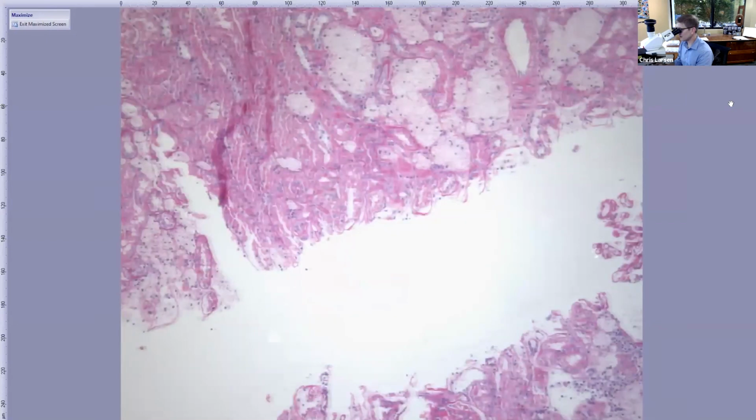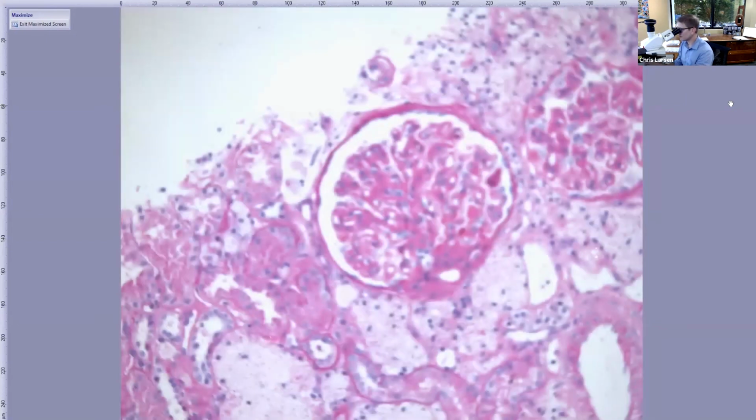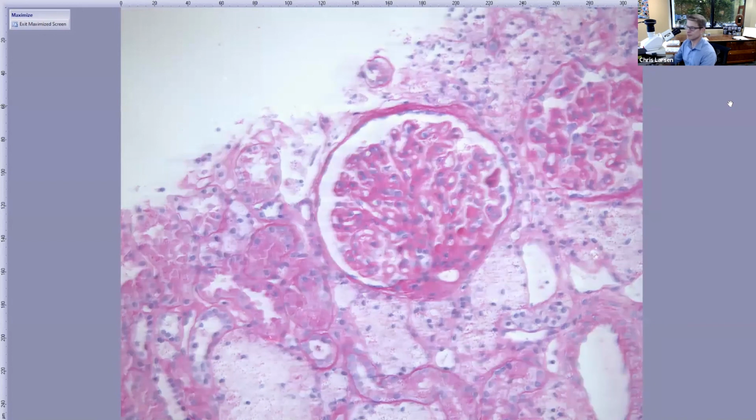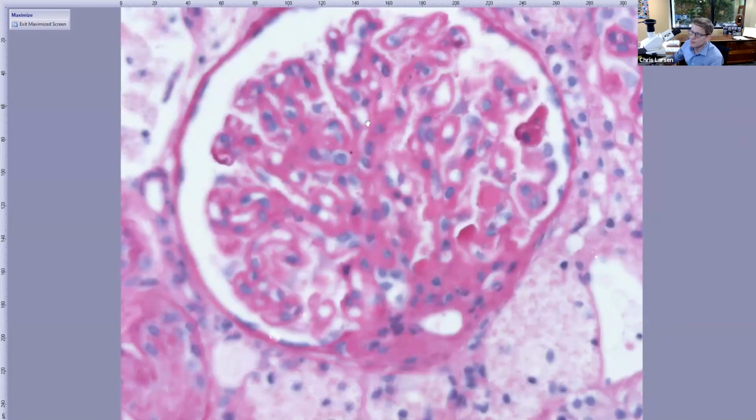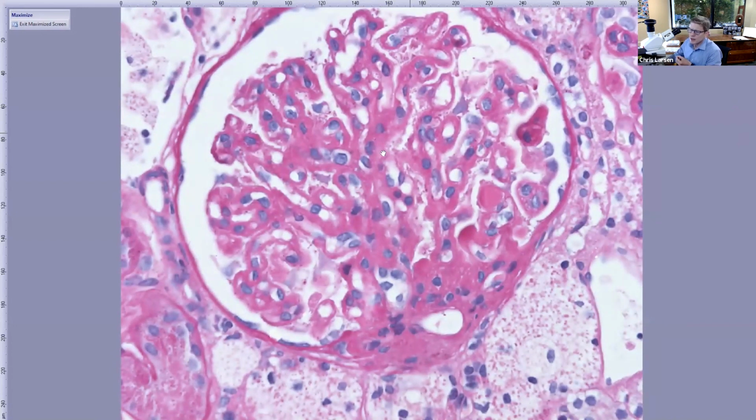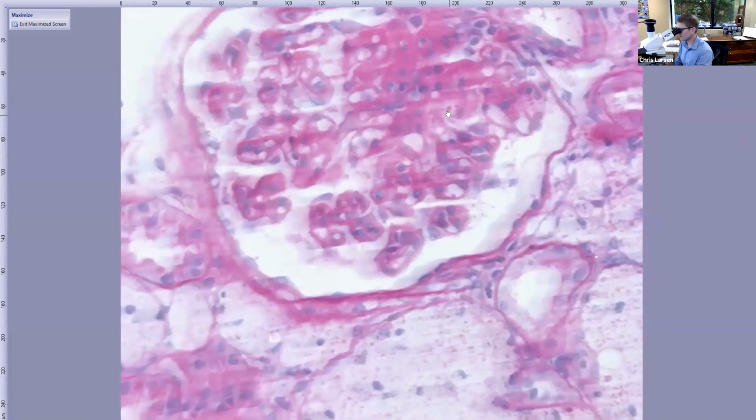But when we go down and look at the glomeruli, we notice that these do not look normal. Especially for such a young lady, there's mesangial expansion. The glomeruli have very prominent basement membranes, very PAS positive material everywhere.